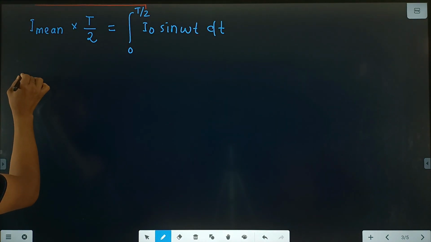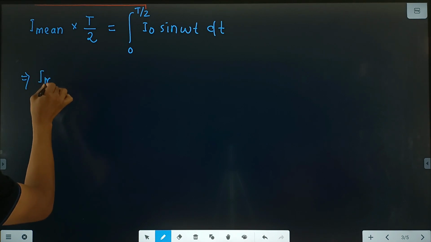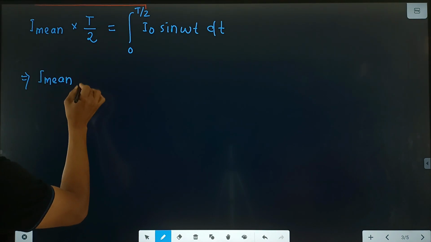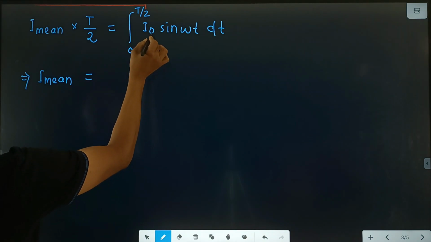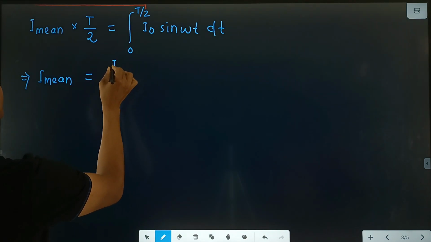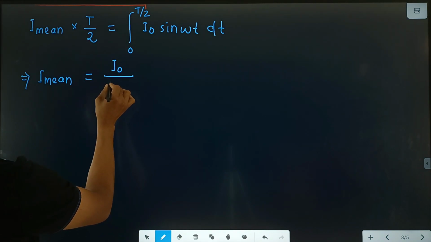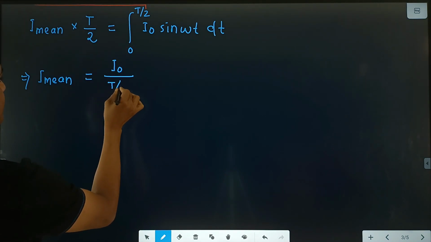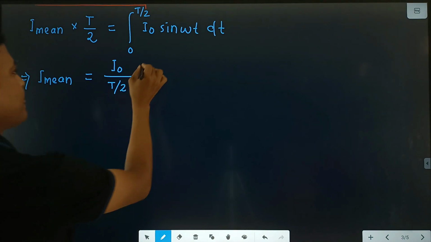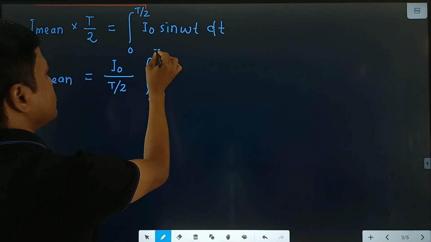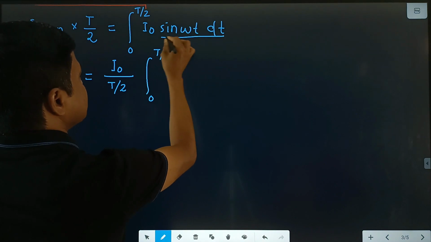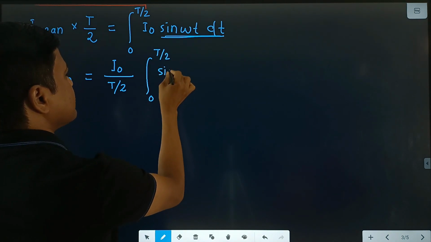That implies I mean is equal to I0 divided by T/2, integration from 0 to T/2, with the remaining term sin omega t dt.